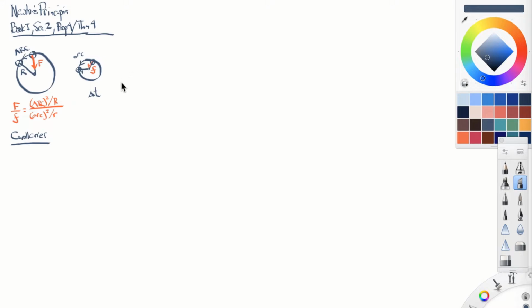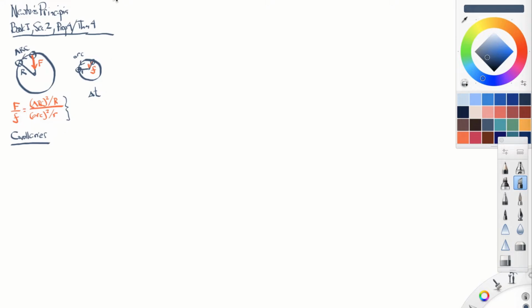Let me make one other comment before I talk about the corollaries of this proposition. You might recall in that proof that we had considered a time interval delta t, and then within the course of proving this statement right here, we had assumed that delta t was a very small time interval. We used that in one of the steps of our derivation. So you might think that this law only applies for very tiny time intervals. But as it ends up, that's not the case. Why is that? Because although we introduced a small time interval delta t, in the end, this formula does not have delta t anywhere in it.